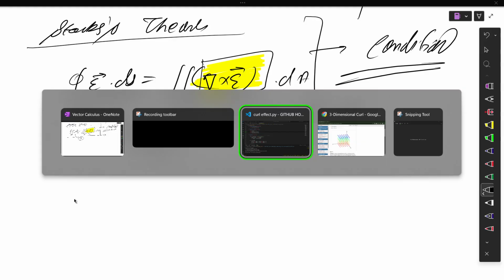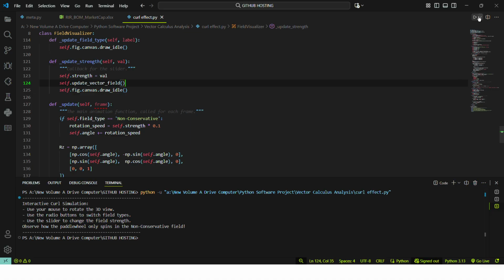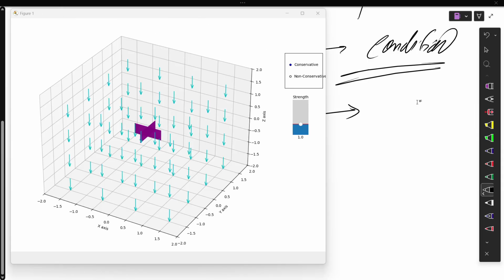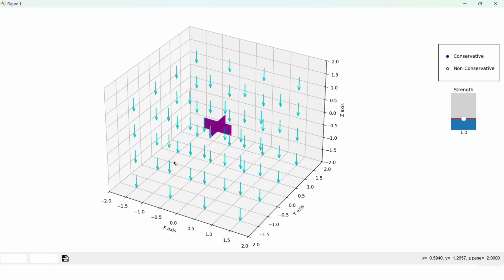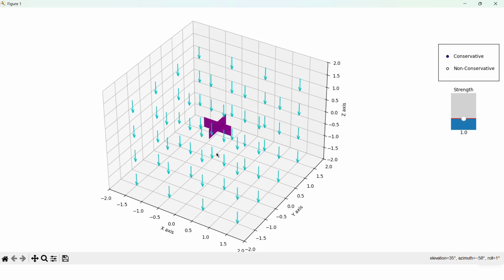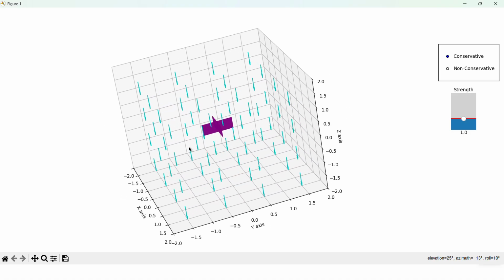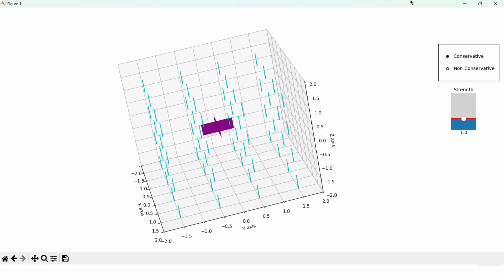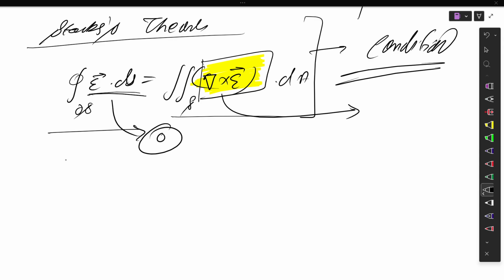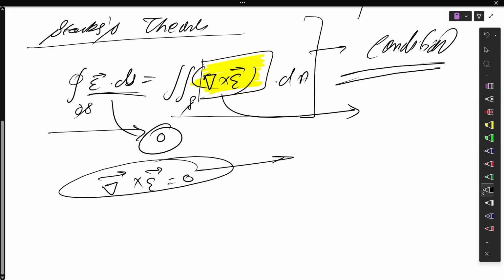Let's see it through an animation. What we are seeing right here is the conservative force. As we know, if the curl is zero, the force is conservative, right?